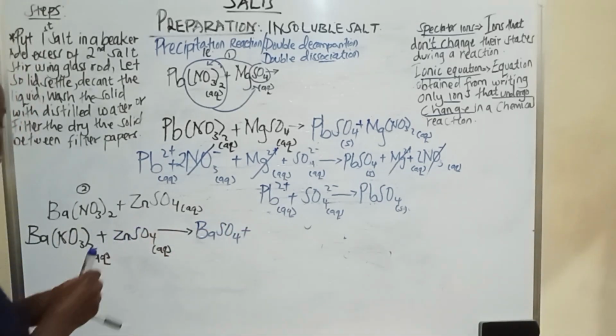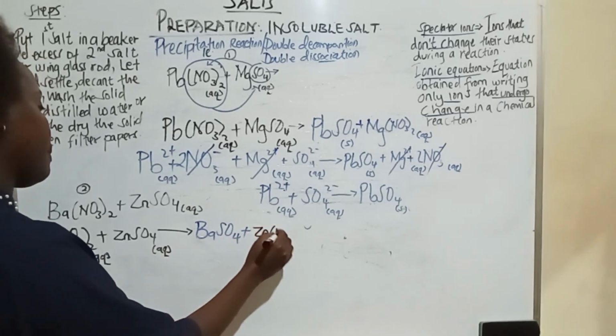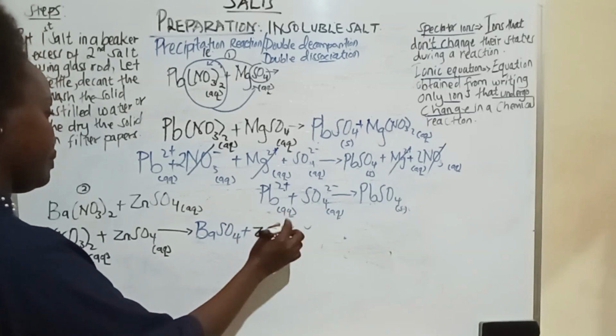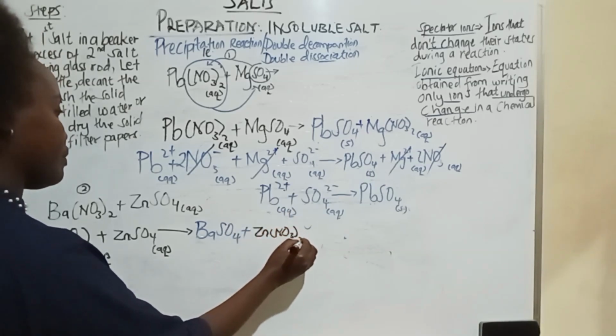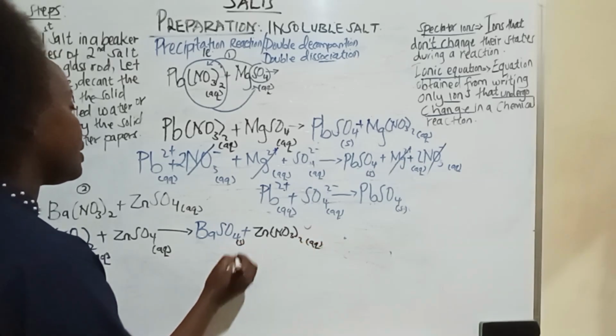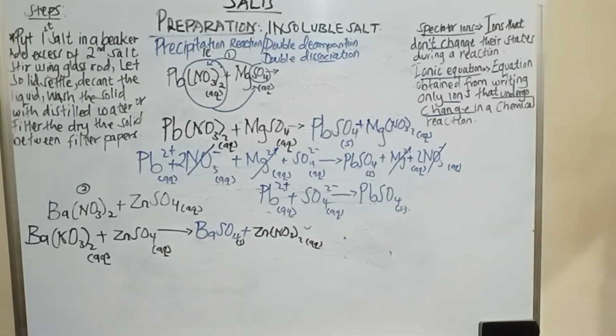So I'm going to write zinc nitrate. This is solid. So after you've done the equation writing, you balance it out. So it is balanced in this case.